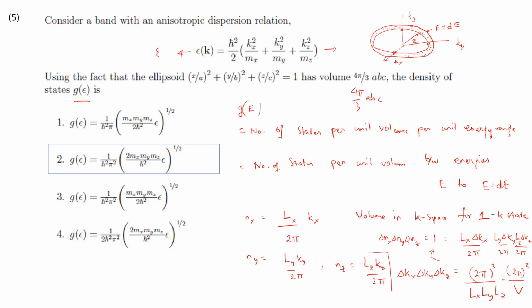So this is the volume in k space for one k state. Now how can we find the number of k states in this cell? We have to find the volume of this particular ellipsoidal cell divided by the volume of one k state. That will give me the number of k states in this cell. So let us find that.